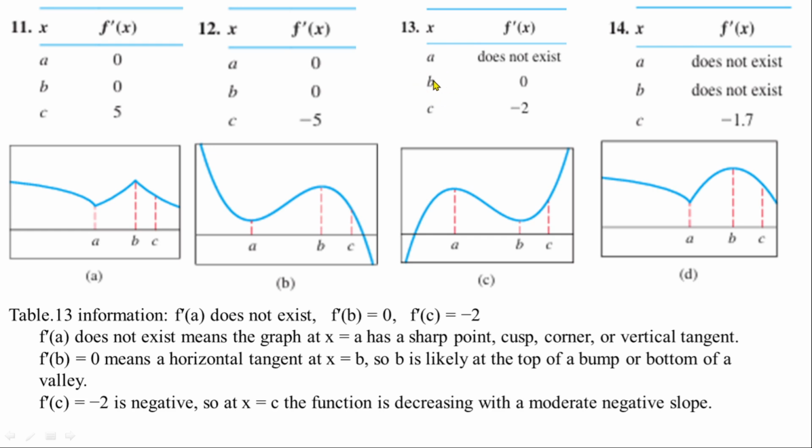But there is a local maximum or local minimum at B. So in this graph there is a sharp point at A and there is a local maximum at B, that is, f dash of B is 0 and this slope is decreasing. So this 13th table is matched with this graph D.